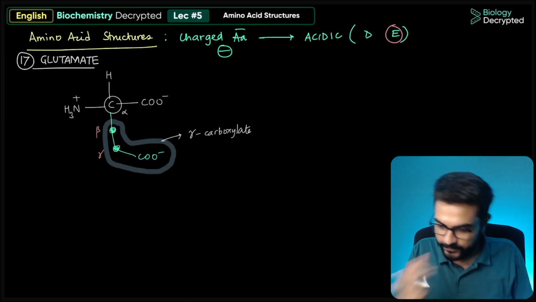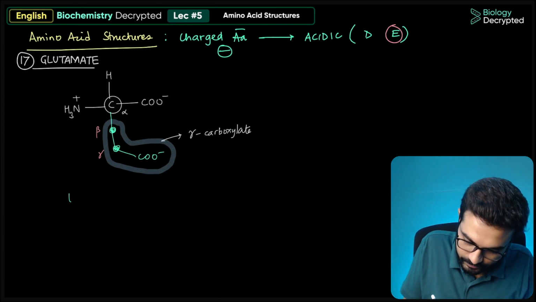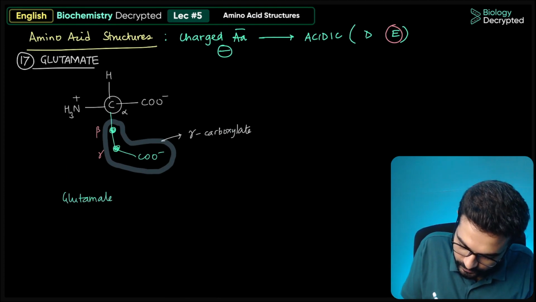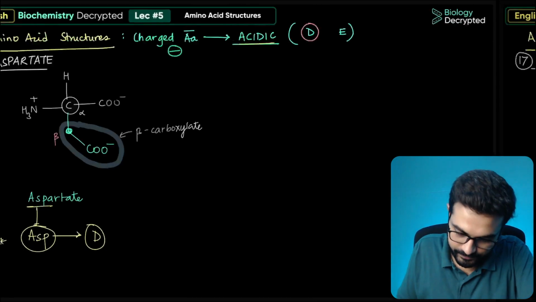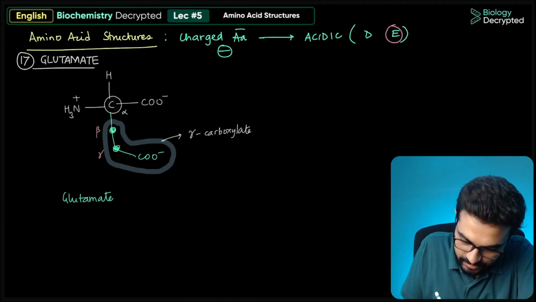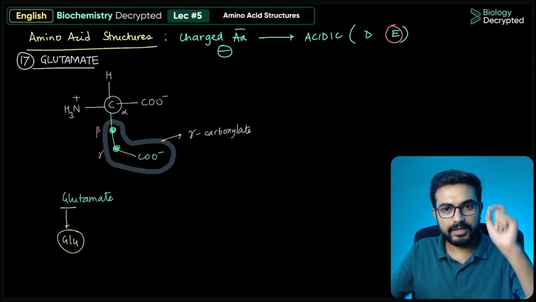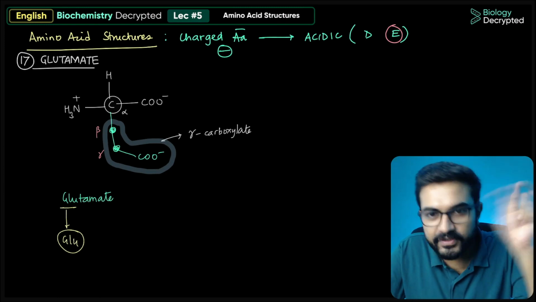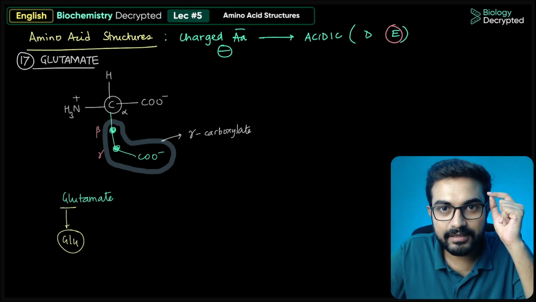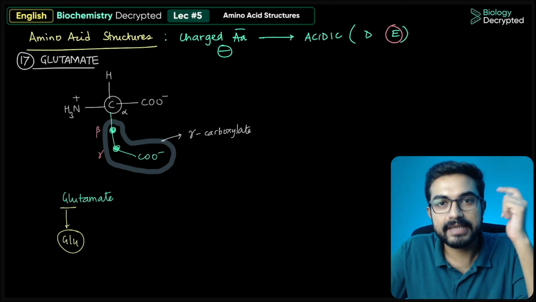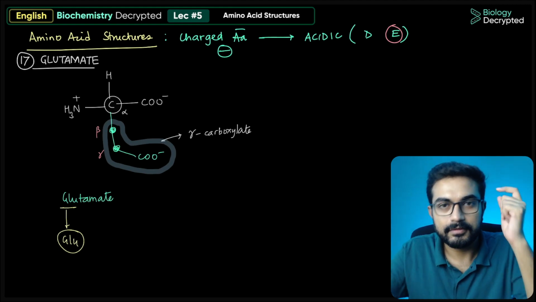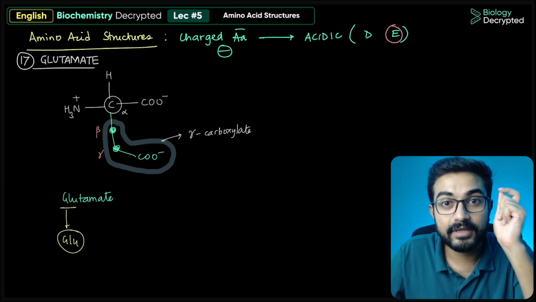Now moving forward, for glutamate, it will be the first three letters, GLU, and let me tell you one important thing. Whatever information I have told you, you'll have to stick it inside your brain, like inside the walls of your brain with a glue.